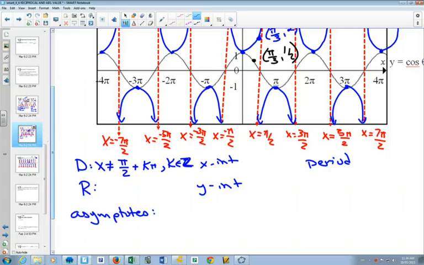We'll count all of those asymptotes, because you can subtract pi as many times as you want or add pi as many times as you want. The other way that we sometimes wrote the domain, I'll write it down here. We notice that all of my pi over 2's are odd numbers. So x can't equal an odd number times pi over 2.